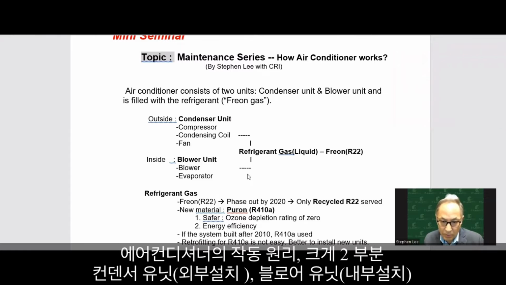We'll see this quickly in the diagram a little later. Basically, an air conditioning system is an airtight system, and between these two units there is a pipe connected.